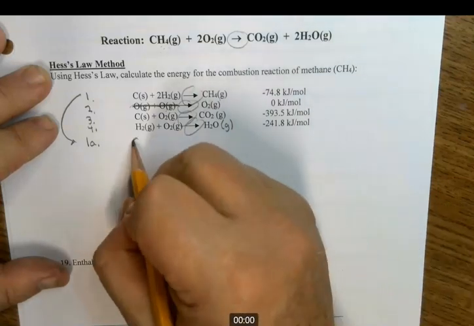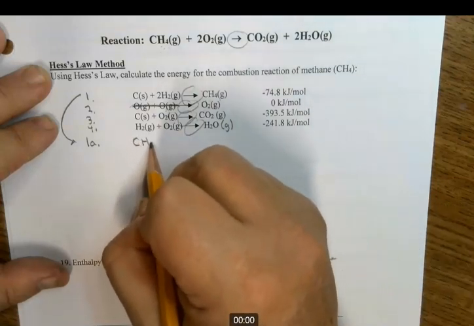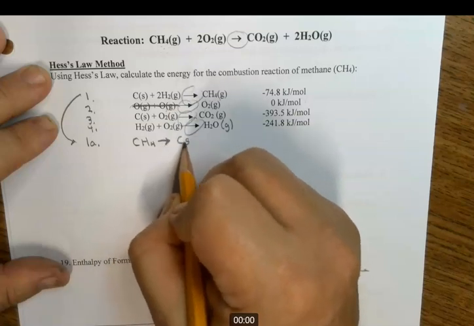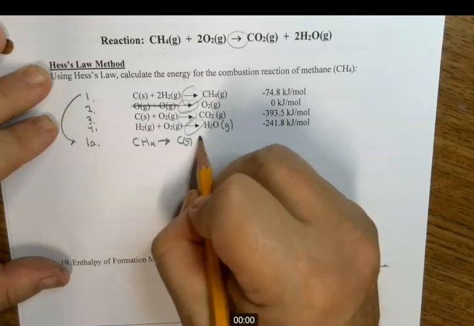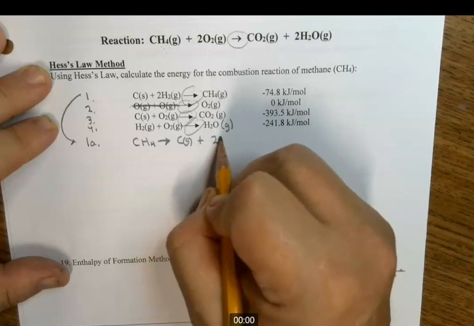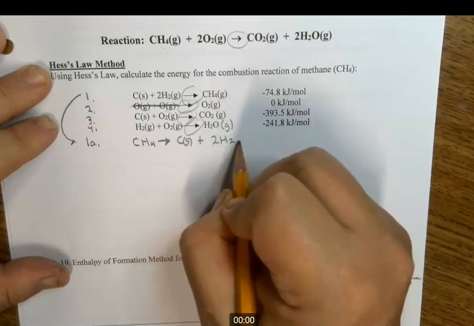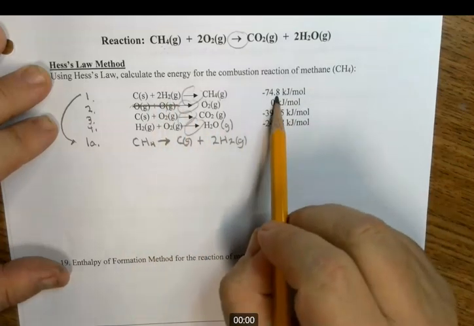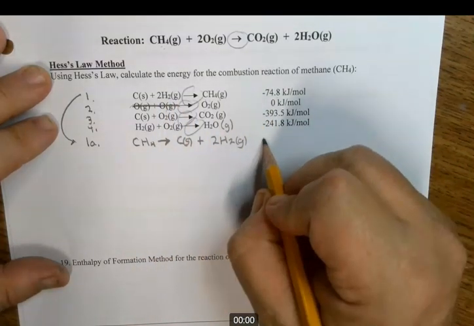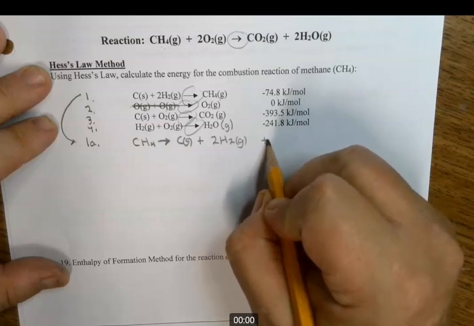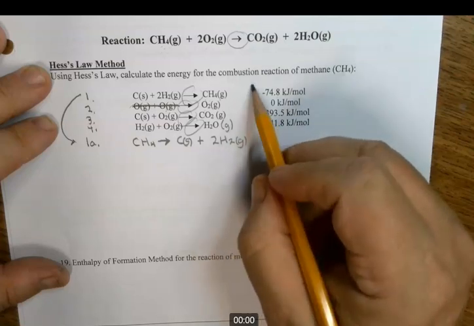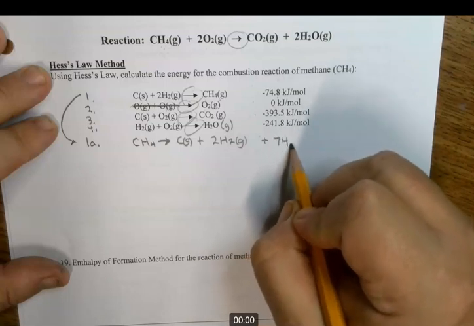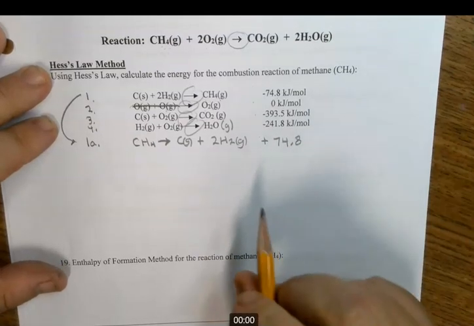And we're going to reverse it around so CH4 is on the left. And since we reversed it, we have to take its enthalpy and change that to a positive. These should all be delta H's in front of it. Okay, so that takes care of 1.